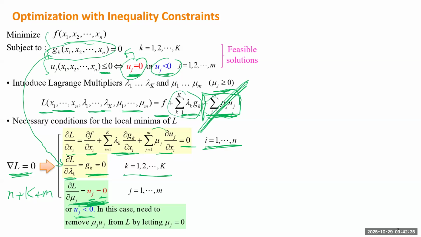If U is not zero, such a point is not a stationary point, so we need to cross off such an element from L, and only make sure the remaining dimensions have a zero element for the gradient vector. So in this case, we don't need this multiplier mu. The mu can be zero. Okay. Does everyone follow?